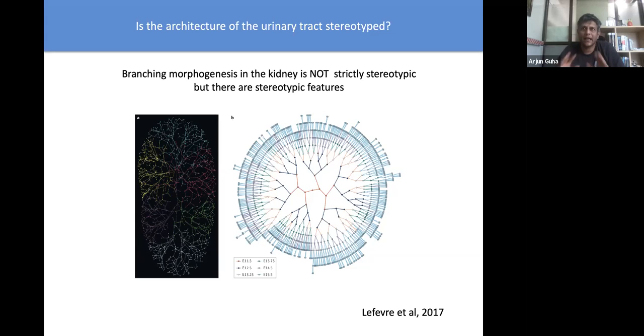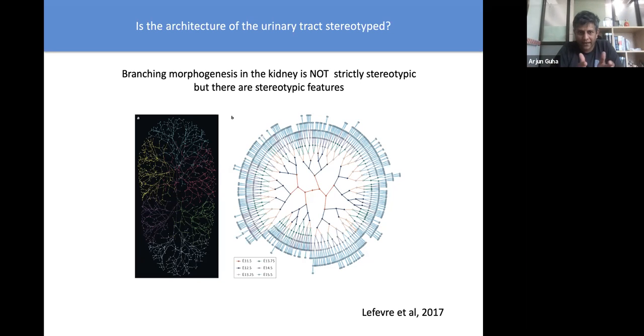So what people are saying is happening in the context of the kidney is that in each clade, the branches that form, in terms of the number of generations of branching that occurs and the relative balance of these branches, meaning some branches will go on to making many branches while other branches will only make some.